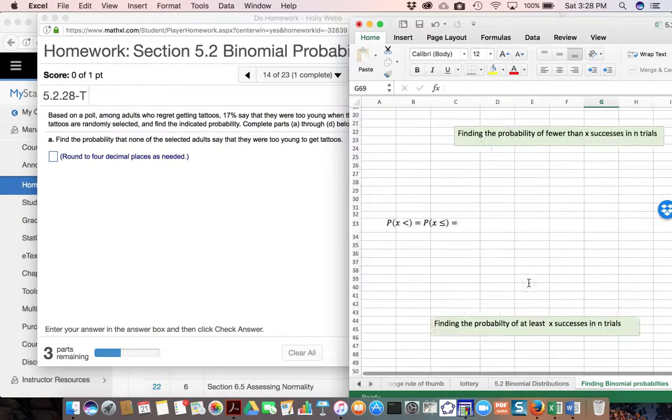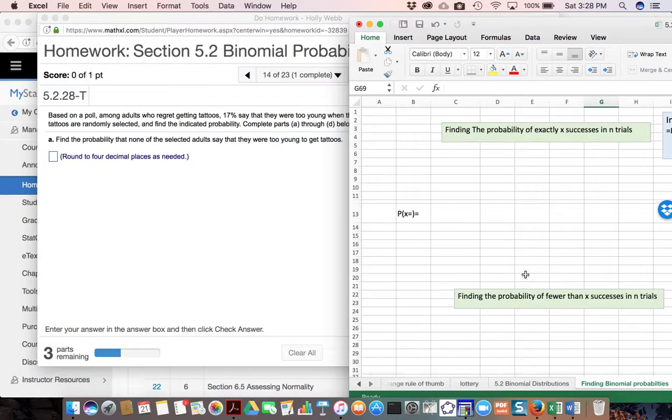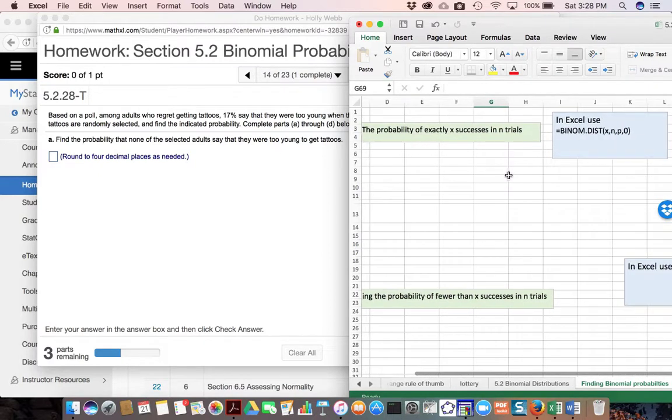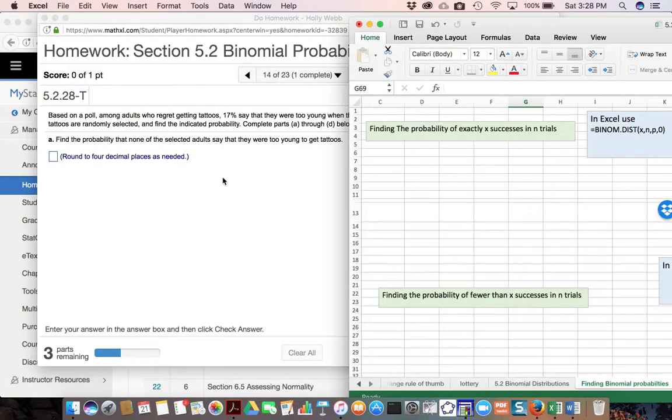So if we go to our notes and we look for the probability of exactly x, we're going to use the binomial distribution, the number of successes, the number of trials, the probability of success, and 0 meaning not cumulative. So the probability that none of the randomly selected adults thought they were too young would be the probability of exactly 0.